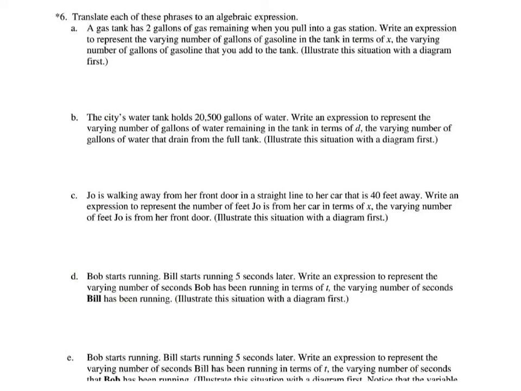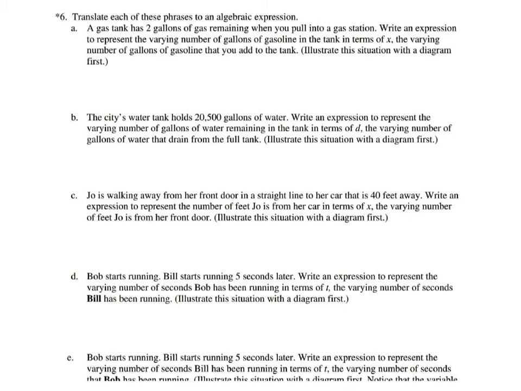We also know that the distance between the door and the car is 40 feet. We are asked to express Jo's distance from her car in terms of x. That means that we will write an algebraic expression that contains one or more x's in it that will describe Jo's distance from her car.